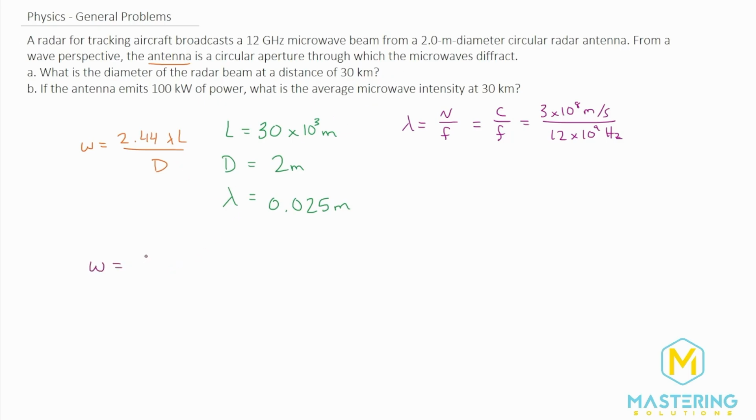So W is equal to 2.44 times lambda, which we said is 0.025 meters, times L, which we said was 30 times 10 to the 3 meters. All of that gets divided by D, which we said is 2 meters.